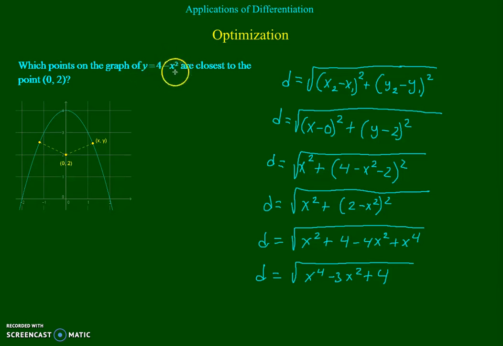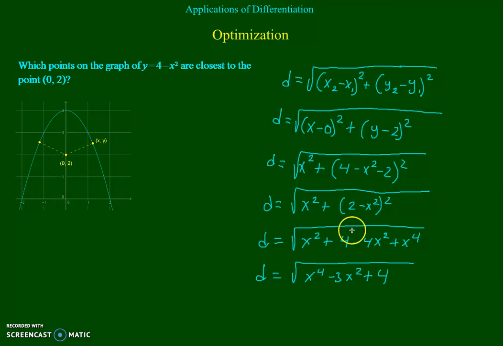So I'm going to substitute this value for y. So down here, the y becomes 4 minus x squared minus 2. Now all we have to do is take 4 minus 2, and we have 2 minus x squared, quantity squared.